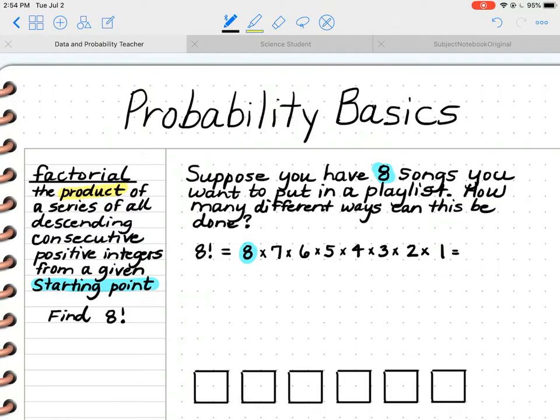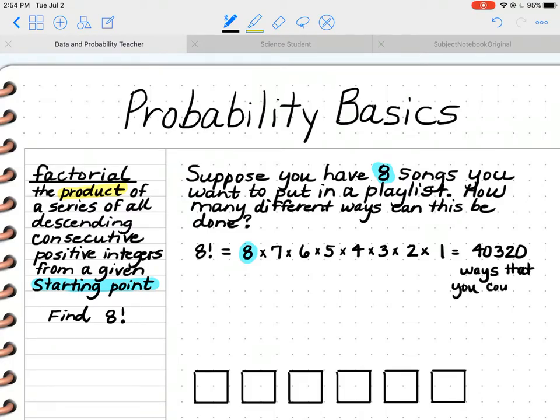So 8 times 7 times 6 times 5 times 4 times 3 times 2 times 1. There are a lot of these. There are 40,320 ways that you could set up your playlist.